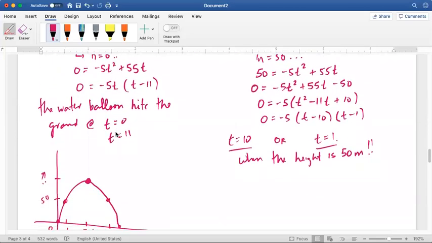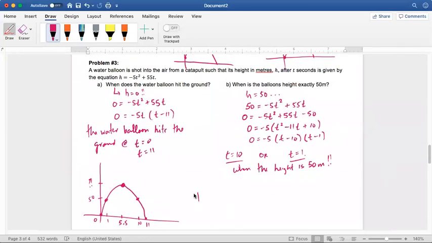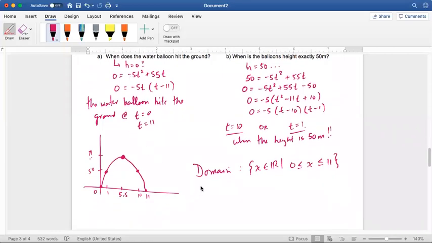One of the things that we can do in this problem is we can talk about the domain. We know that the domain is x is an element of the reals, and it's between, I believe, 0 and 11.